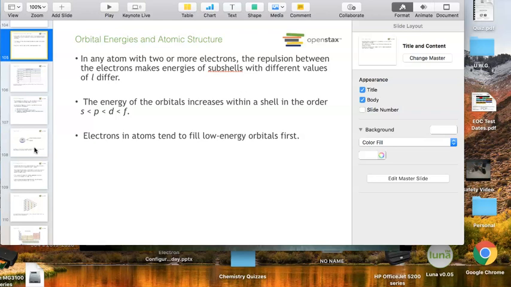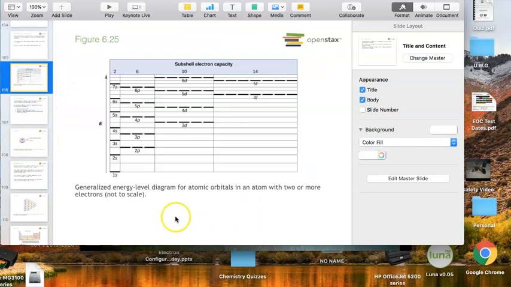Electrons in atoms tend to fill low energy orbitals first. Okay, so you can see that here. If you're trying to build an atom, when you start to add electrons, the first electron is going to go in the 1s orbital. It's going to have an energy level of 1 and be in an s orbital.